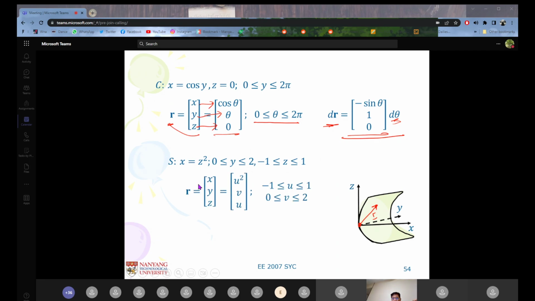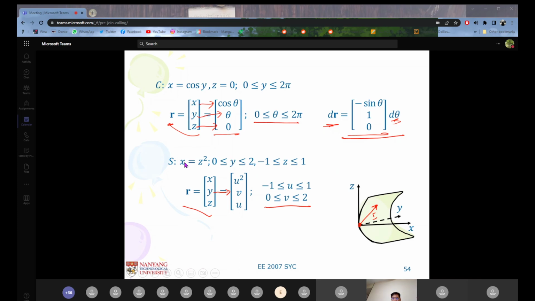Okay, so this is the general directional vector. So I use one of them to describe my v, and v goes from 0 to 2 as well. Right? I replace the y by this new parameter v now. So v is also restricted between 0 and 2 because y changed from 0 to 2.